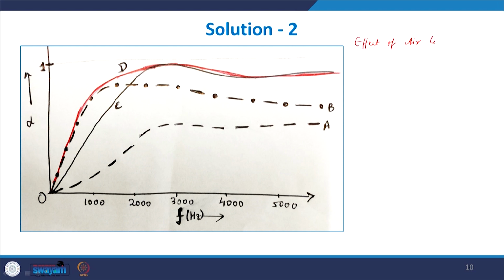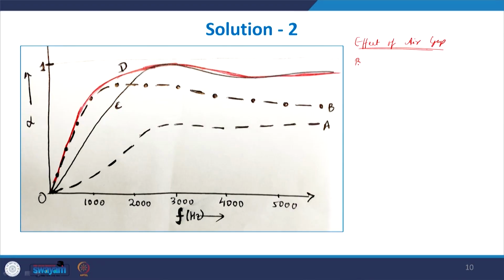Let us study how the air gap affects. When discussing porous material, I told you that when an air gap is introduced between a porous material and the backing, the exact nature of the interactions is not yet known, but it has been experimentally verified and found that the air gap in general helps, because porous materials are only good at high frequencies, and low frequency absorption is extremely low, so they perform poorly at low frequencies. Usually an air gap is introduced to enhance their low frequency absorption.